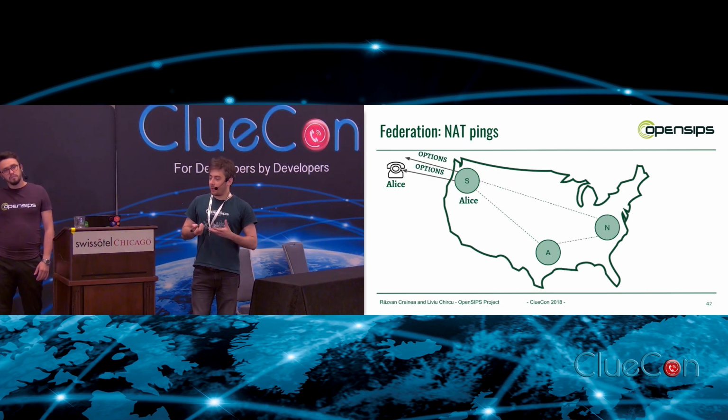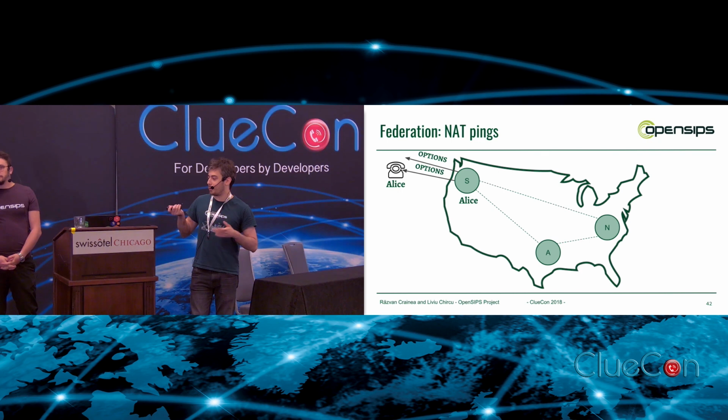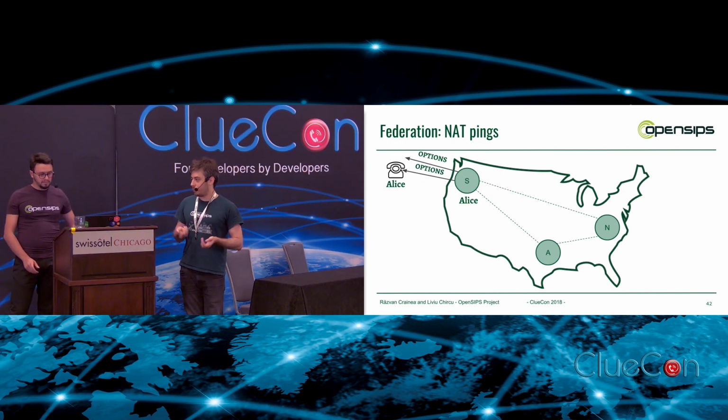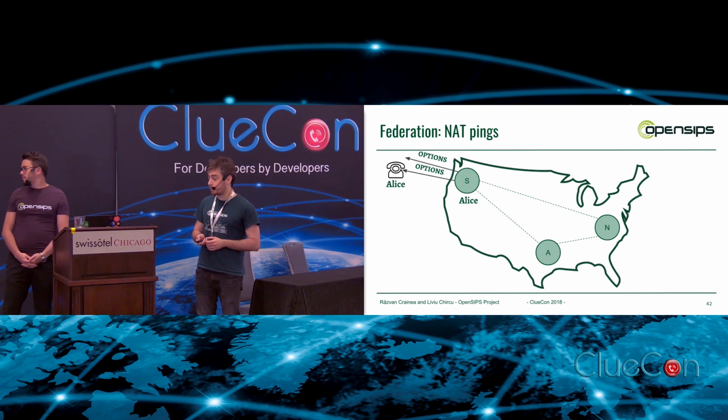The pinging is even more simplified here, because we don't have the contact data living in each location. So even if Austin and New York wanted to ping the contacts, they can't ping Alice because they don't have that data. They only know that the data lives in Seattle, so the pings will only be generated from there. So that's solved already by itself.